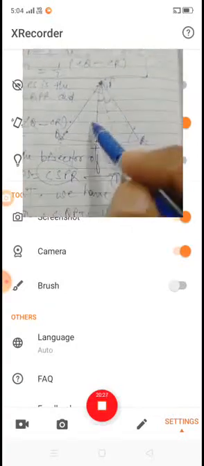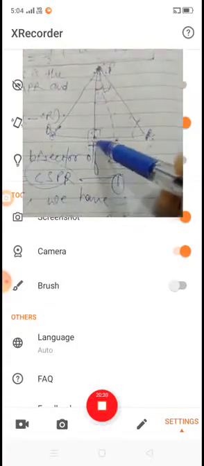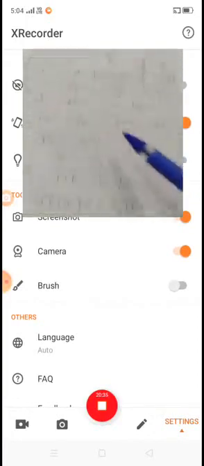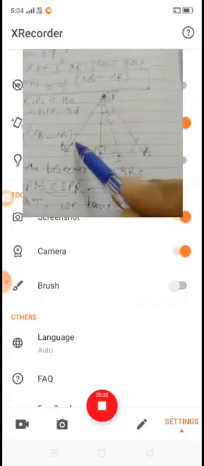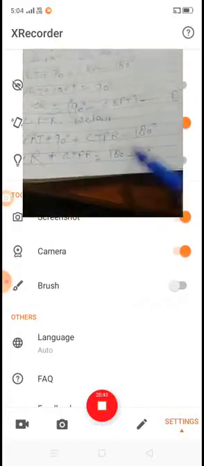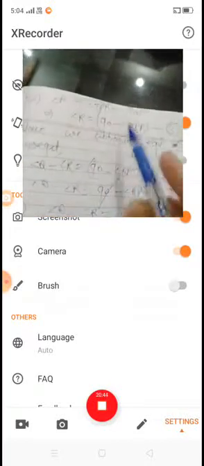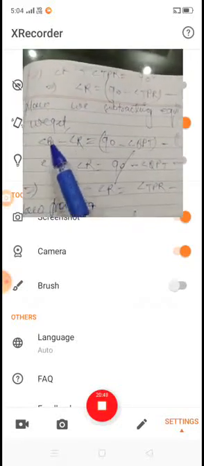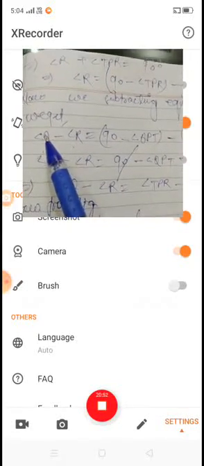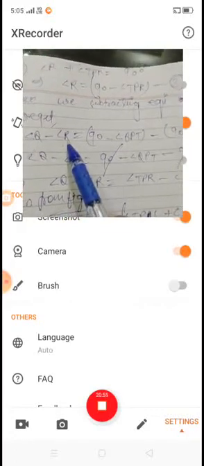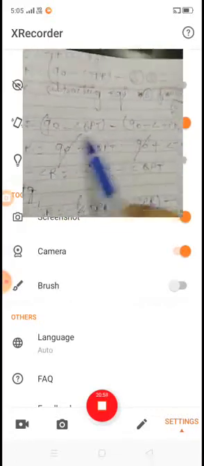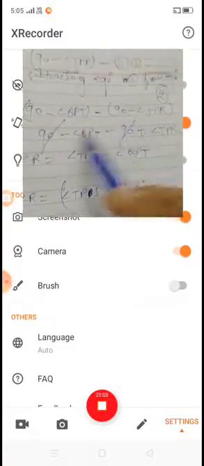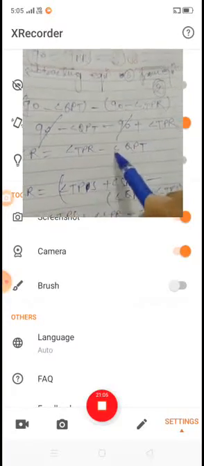First of all we apply the angle sum property in triangle PQT. Similarly we apply the angle sum property in triangle PTR. In this way we find angle Q and angle R. Then we subtract equation 3 from equation 2 to get angle Q minus angle R. Putting the values of angle Q and angle R from equations 2 and 3, we split the bracket, the 90s cancel each other, and we get angle TPR minus angle QPT.